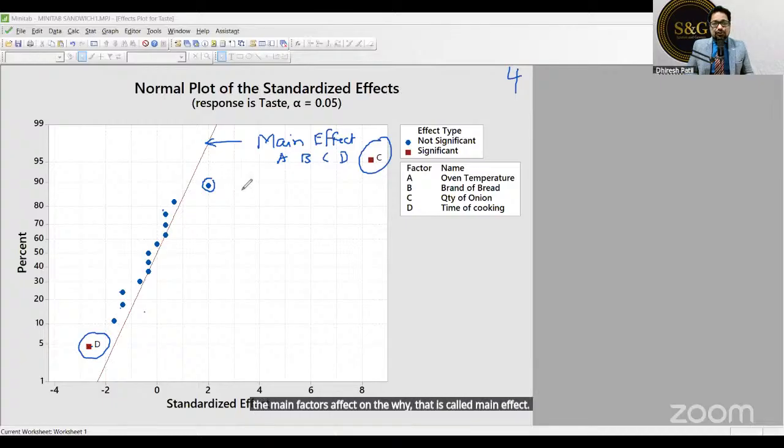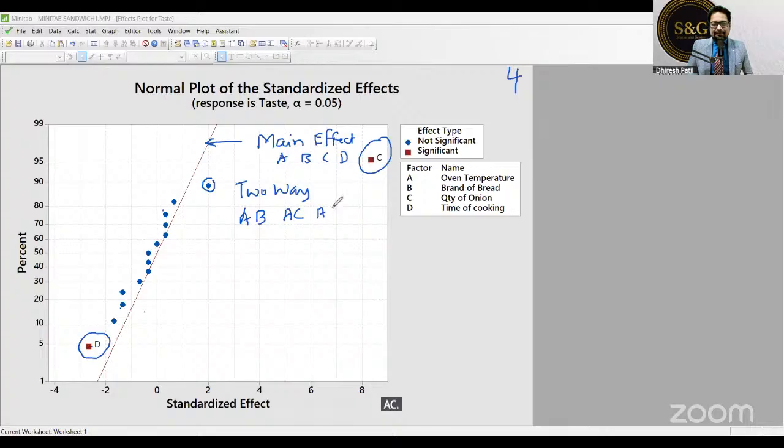The second is called two-way interaction. What is two-way? AB, AC, AD, then BC and BD and CD.